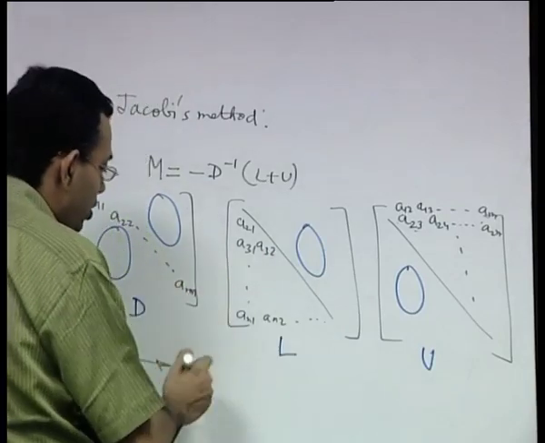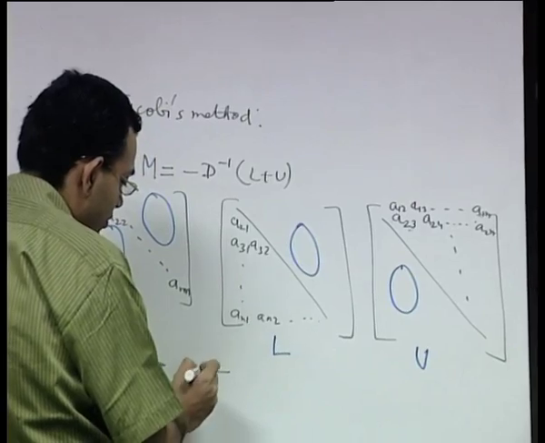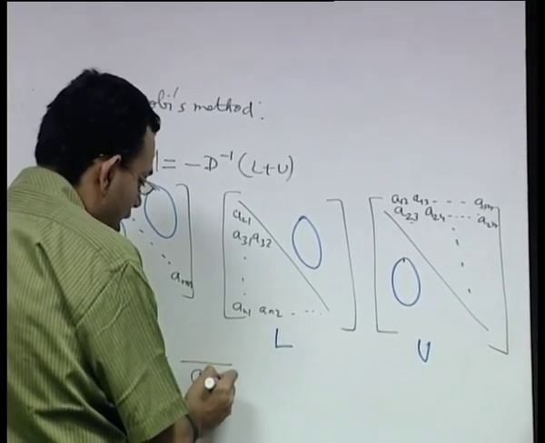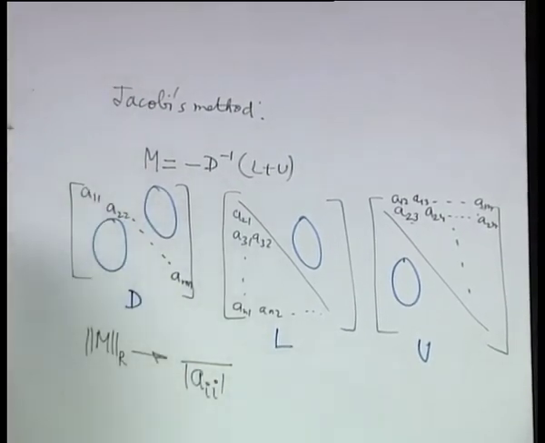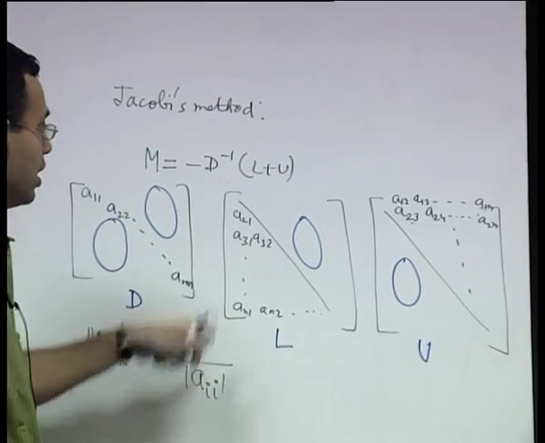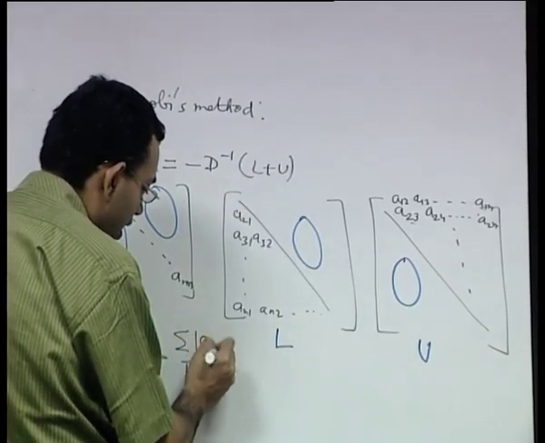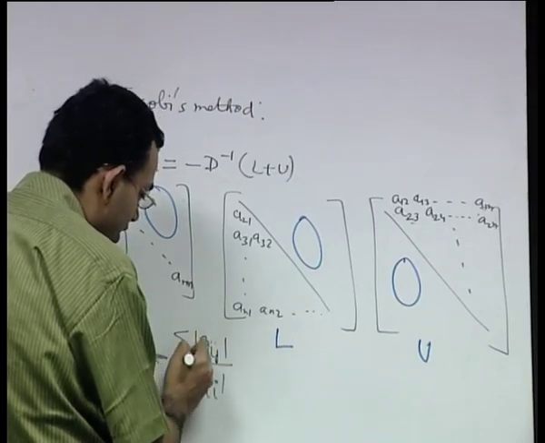For any row we divide by the corresponding diagonal. So, Aii for the ith row is the diagonal. You divide by this one, so the mod of that. In the numerator you have the summation of mod of Aij where j is not equal to i.